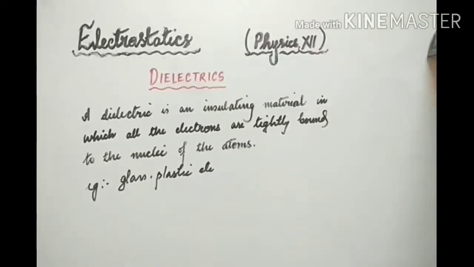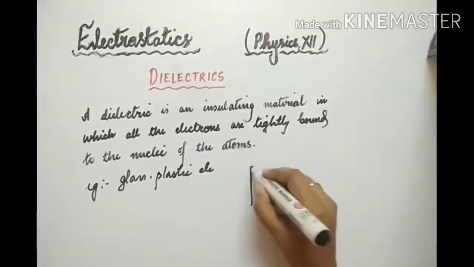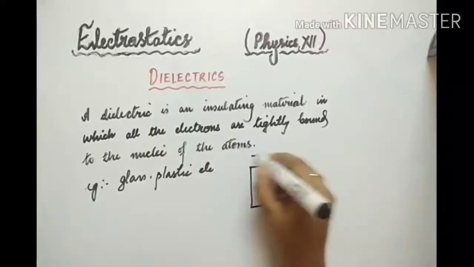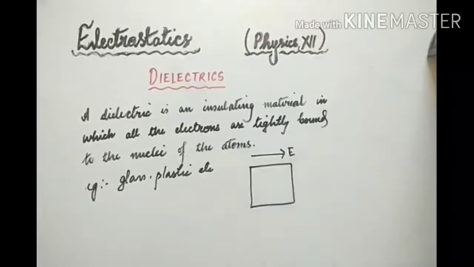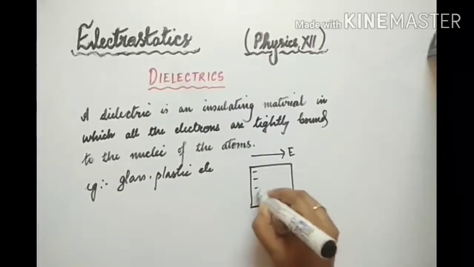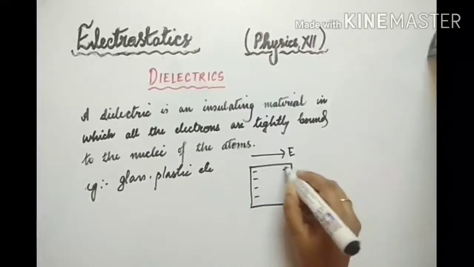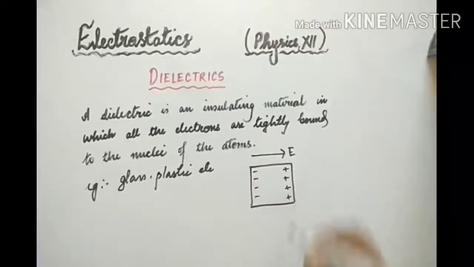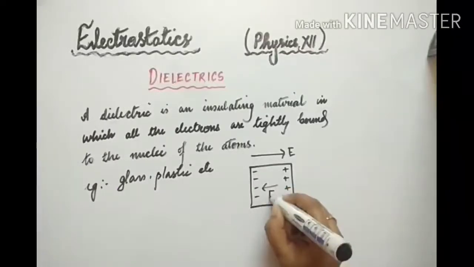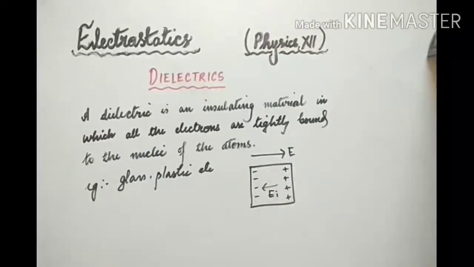Examples are glass, plastics, etc. When you place a dielectric substance in an external electric field, all the negative charges arrange on one side and the positive charges on the other side, and thus another electric field is created inside, that is E induced.